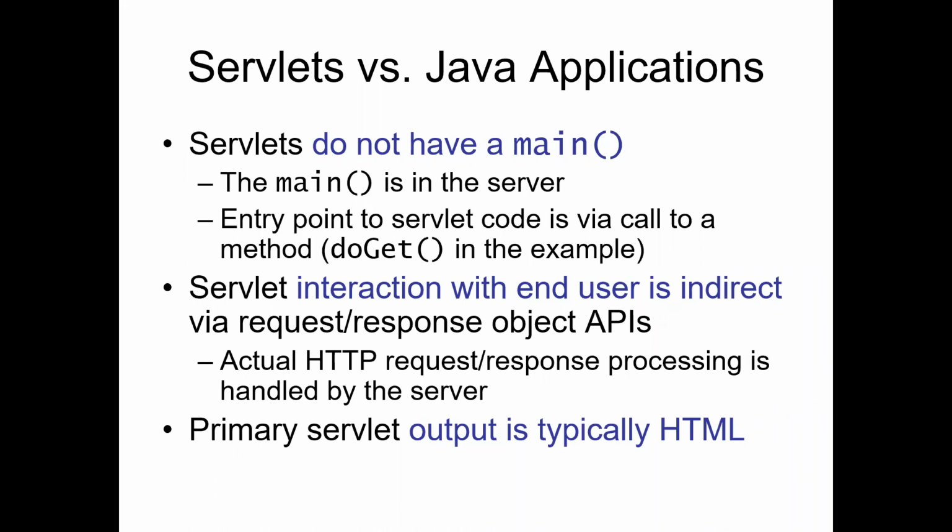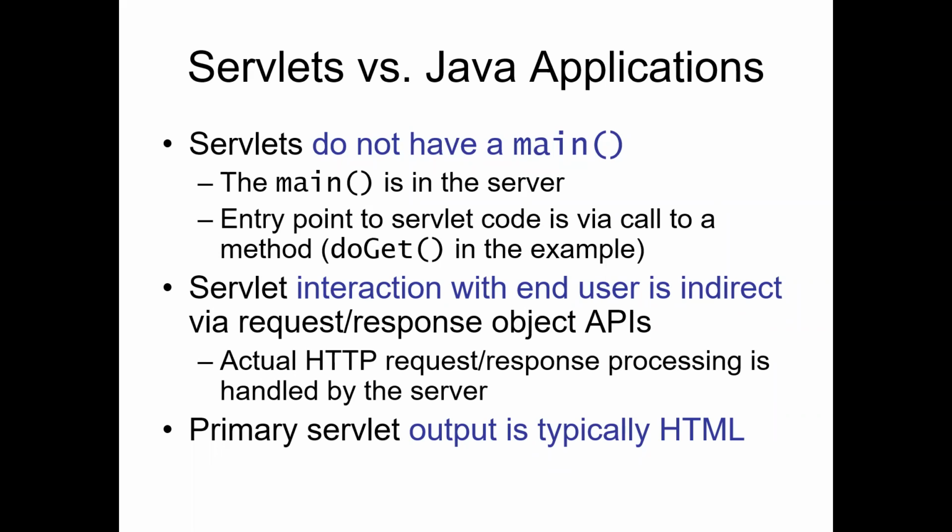Servlet programming does not have this particular main function. The Servlet web container has the main function. Whenever a request comes, it will create a thread, and according to the thread, it will call the doPost or doGet method, and dynamically create the HTML page, and return it to the Servlet container.